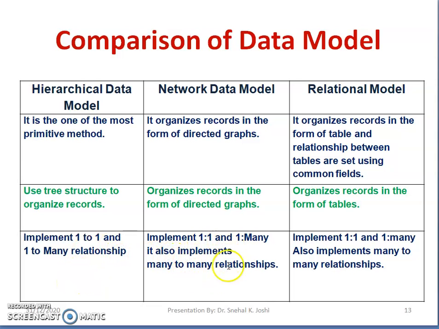Whereas in the network data model, implementation of one-to-one and one-to-many is possible, and it also implements many-to-many relationships, which cannot be represented in the hierarchical model. In the relational data model, implementation of one-to-one, one-to-many, and many-to-many relationships is possible.